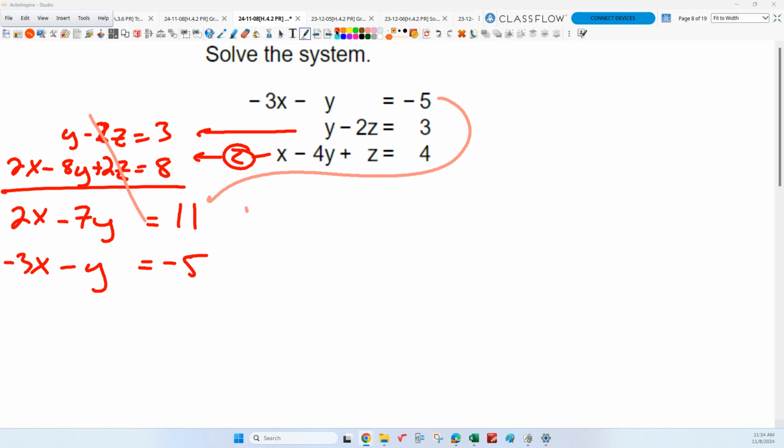Which variable should I eliminate? The y, absolutely. We'll leave the top equation alone. What am I going to do to the bottom equation? By negative 7. Good.